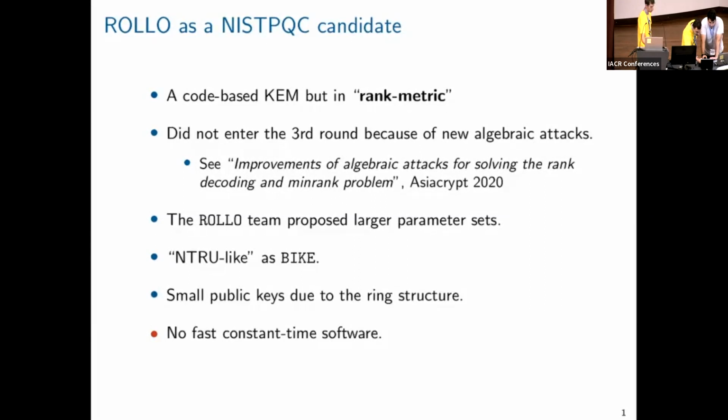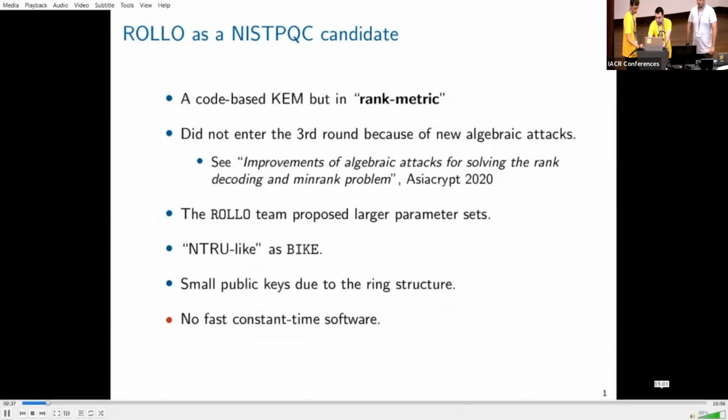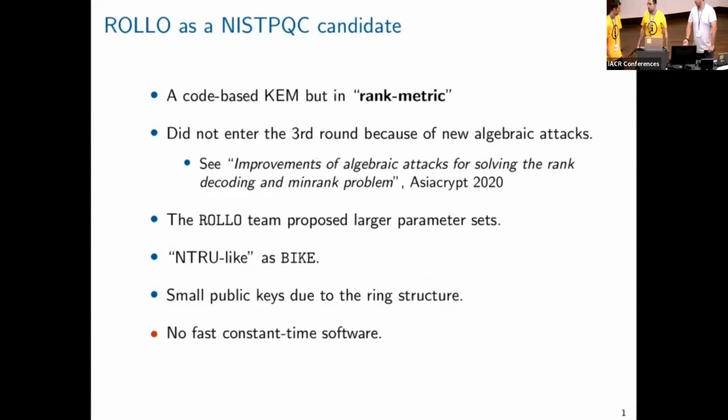After that, the Rollo team proposed to use larger parameter sets in order to defend against the attacks. But even with the larger parameter sets, Rollo still has pretty small public keys, and this is due to the NTRU-like structure. But unfortunately, there hasn't been much work on how to have a fast constant time software implementation for Rollo, and this is exactly the purpose of our paper.